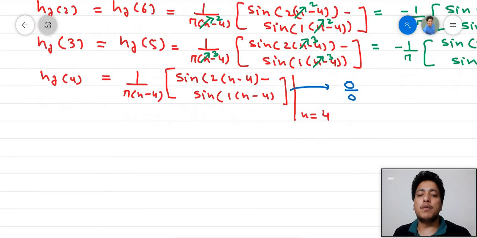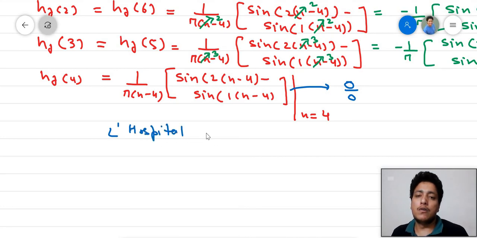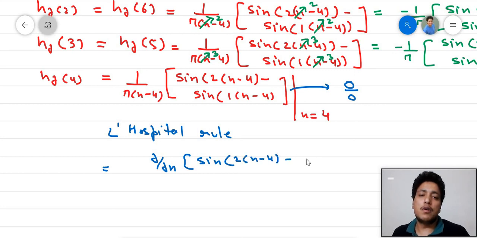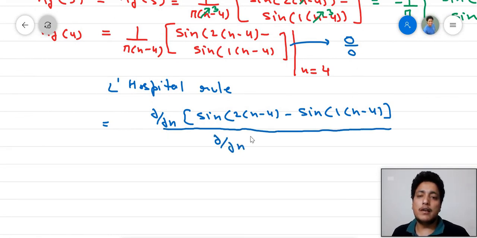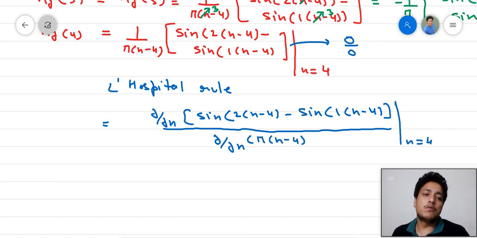To remove this problem, we will use L'Hospital rule, which is del by del n of sine 2(n minus 4) minus sine 1(n minus 4), over del by del n of pi (n minus 4), for n equals 4.